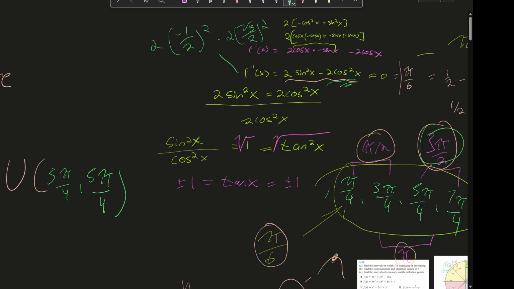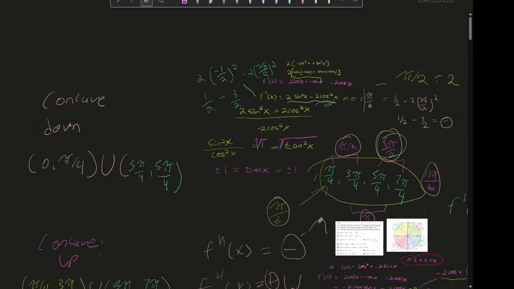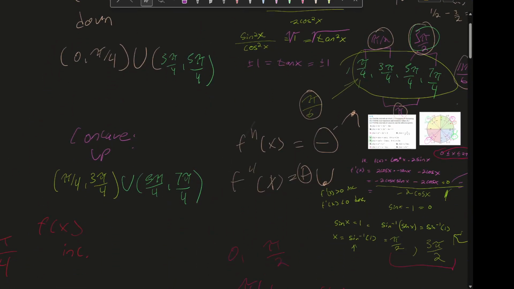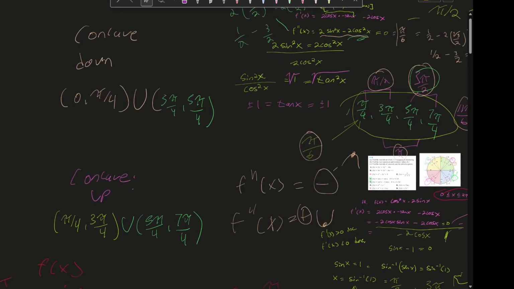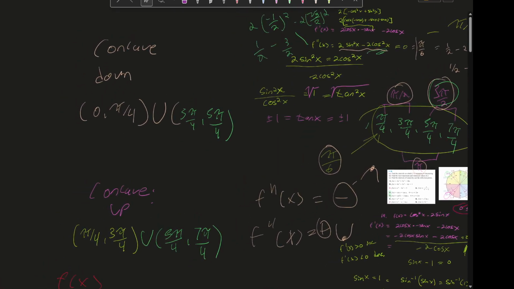That's 1/4 times 2, which is 1/2, minus 3 over 2. So that's negative, joining your concave downs. That's 7 pi over 4 to 2 pi.